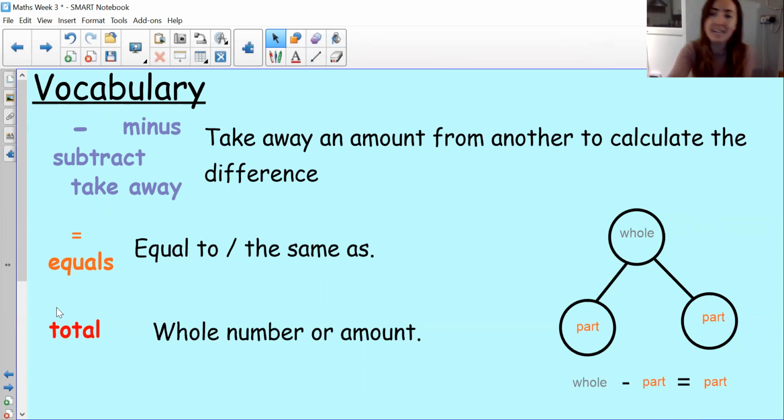And equals means equal to or the same as, and total means the whole number or amount. So we've still got our part whole model here because we still use part whole models with subtraction. We just use them a little bit differently. So when we subtract, we start with the whole and then we take away a part. So whole take away part equals part and missing part, or the other part.